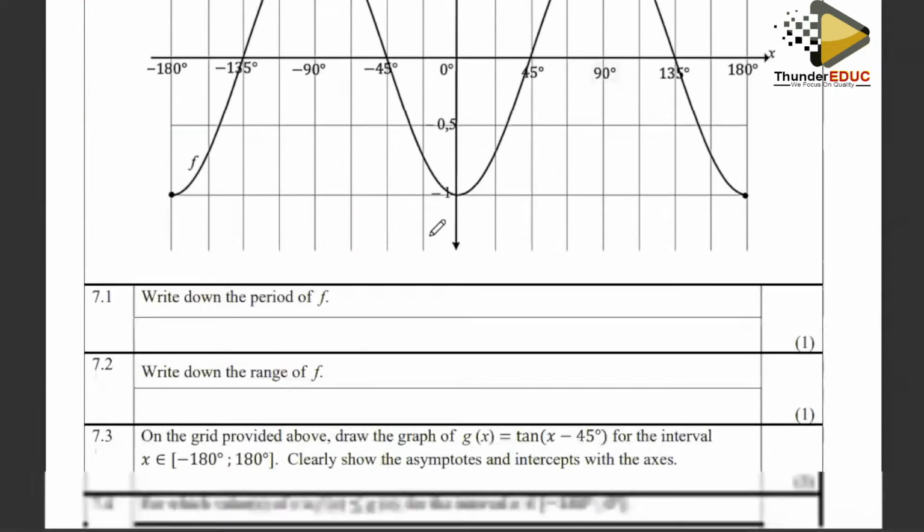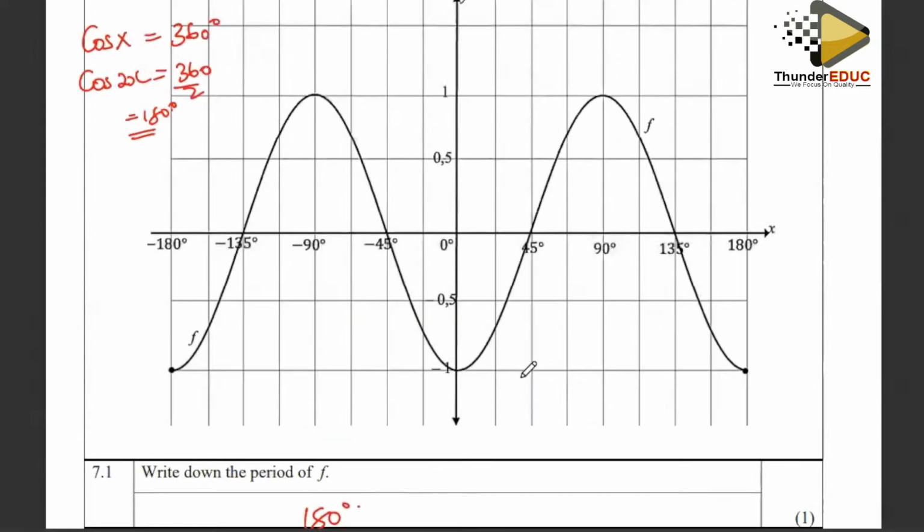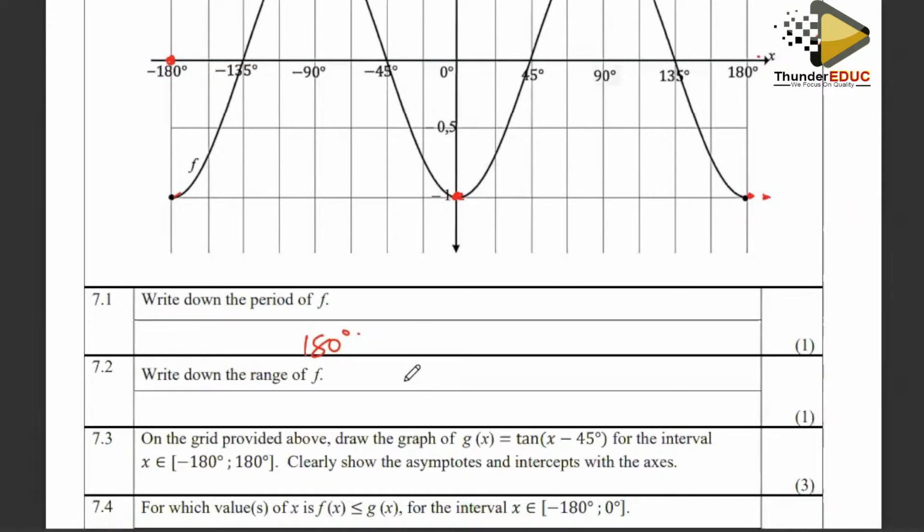The other thing you can look at is how many cos graphs we have. This is negative 180 to 180, which is basically 360. We are seeing 2 graphs of cos, and each graph is taking an interval of 180. So that is the period.